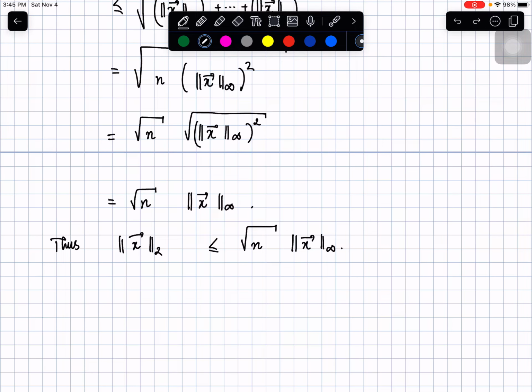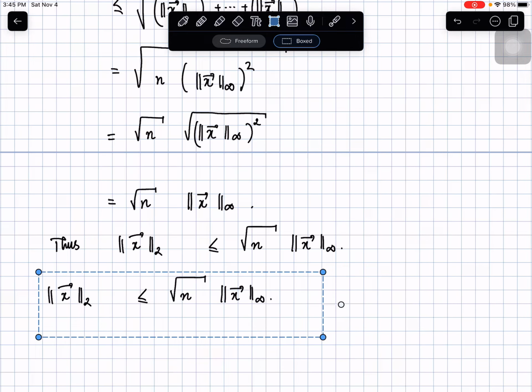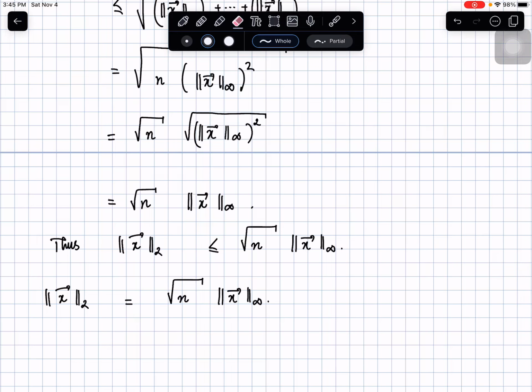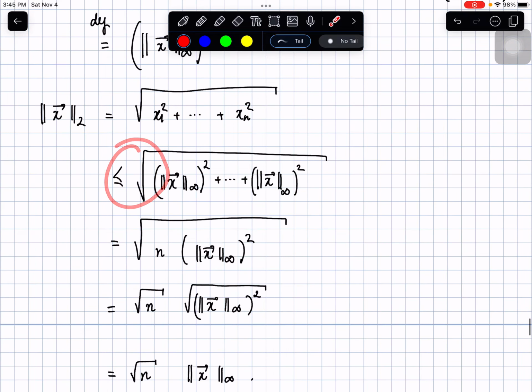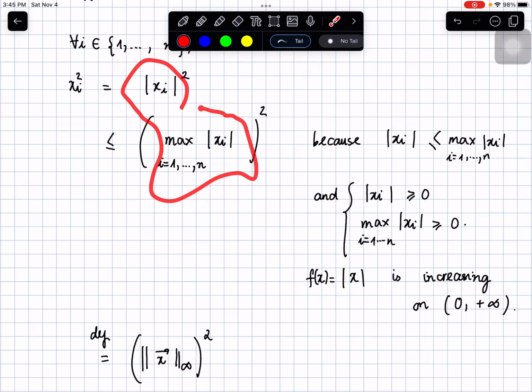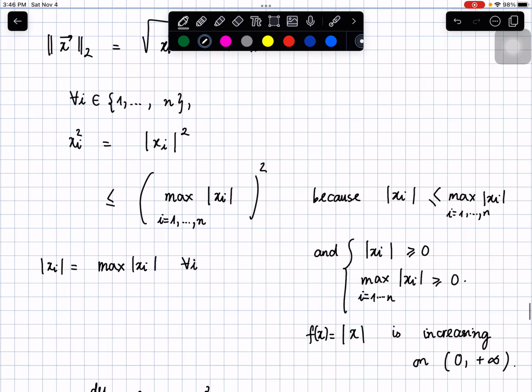We have equality if and only if the equality here is true. This is true if and only if this is true, right? This means that the absolute value of xi is the same as the maximum of the absolute values, for all i from 1 to n.